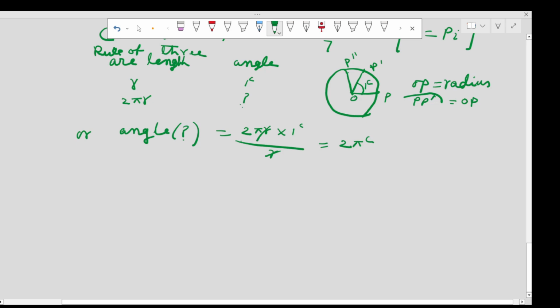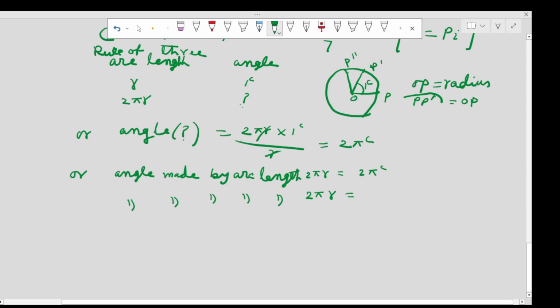The angle made by arc length 2 pi r is equal to 2 pi radian. In the other case, the angle made by 2 pi r in degrees, what we have seen, is 360 degrees. Again, the angle made by arc length 2 pi r is equal to 360 degrees.